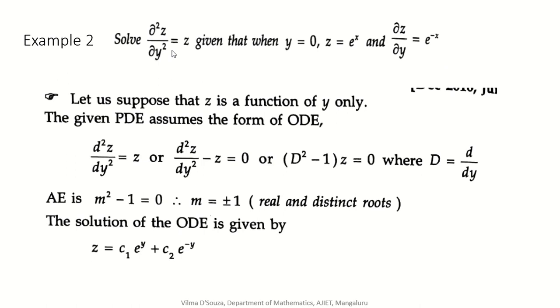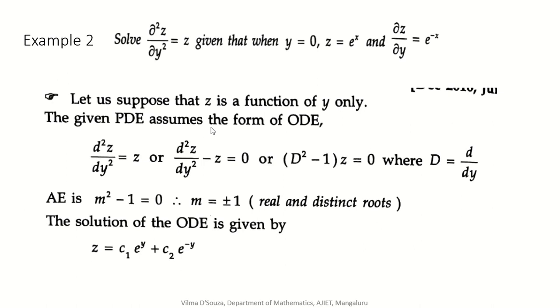Now you have dou square z by dou y square. So what you can do is, you can consider z as a function of y alone. So let us suppose that z is a function of y alone.